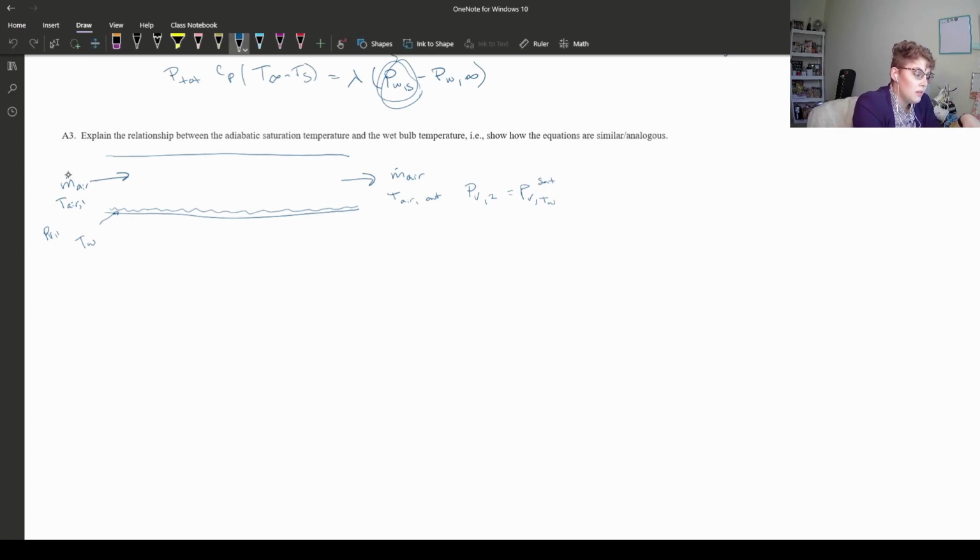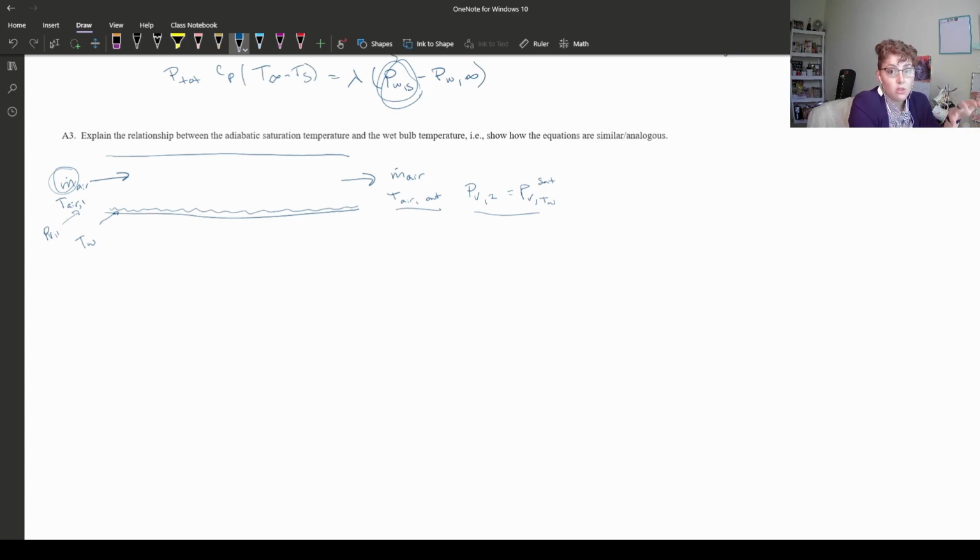So we have some mass flow rate of air going in and out. We have the initial temperature of the air going in, and the initial partial pressure of the water in the air going in and out. And then we also have the temperature of the water flowing along the bottom.